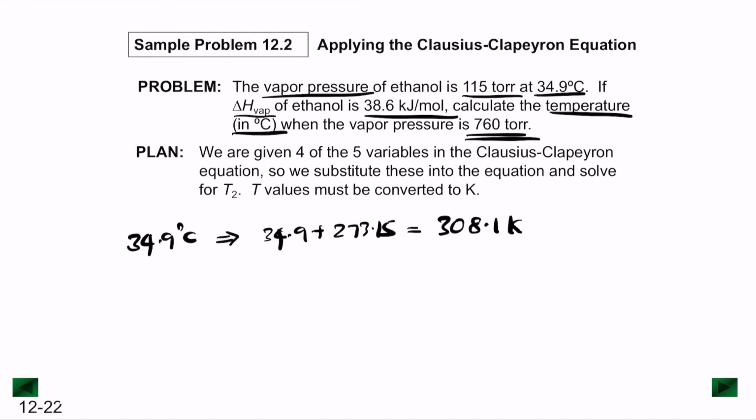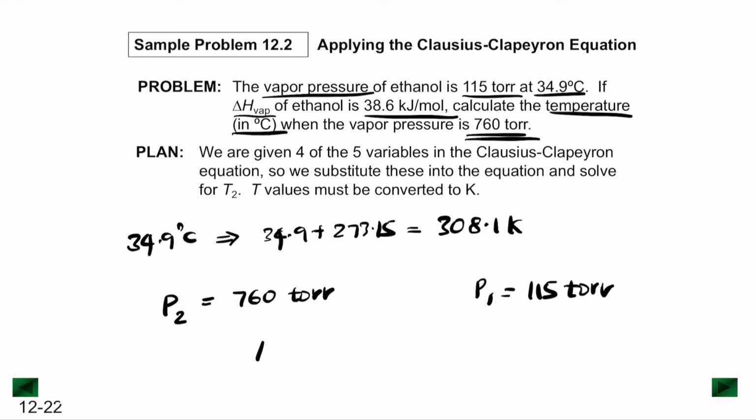Next, we have vapor pressure. The initial vapor pressure P1 is given as 115 torr, and P2 is given as 760 torr.